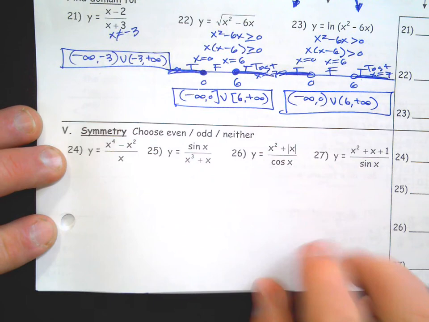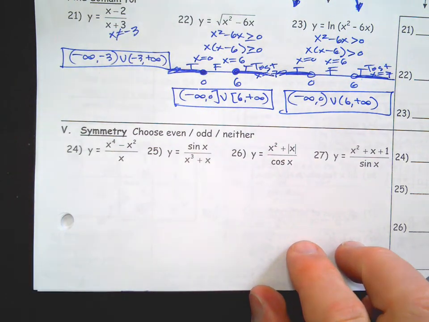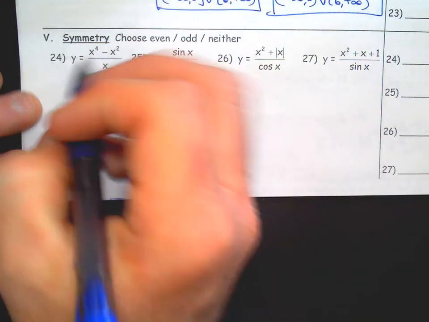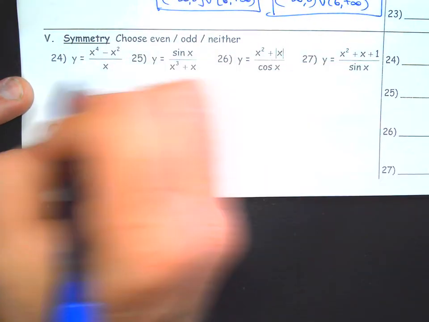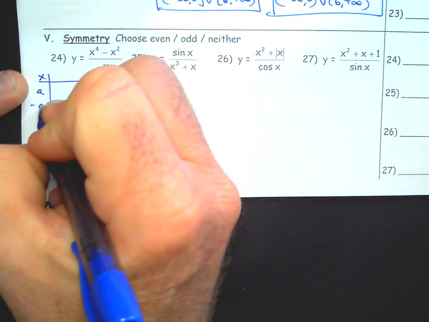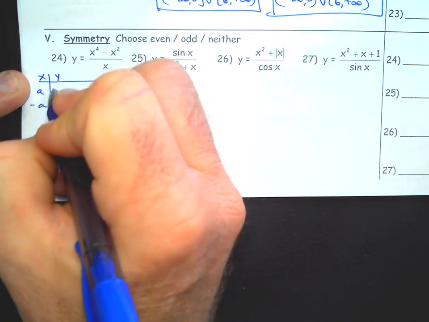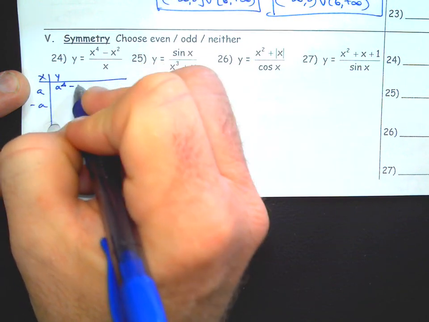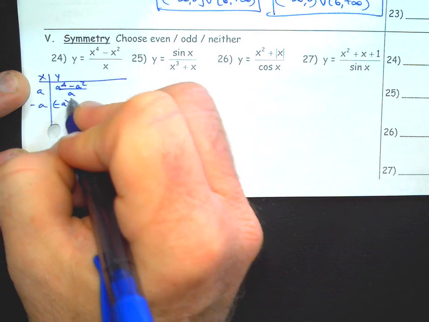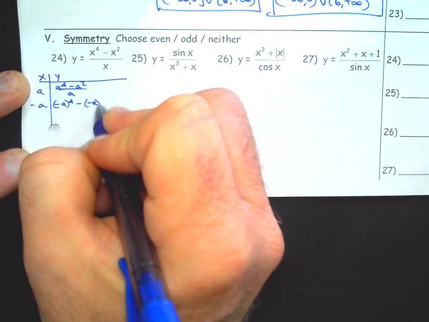All right. So you have some domain questions, and domain's also going to sneak into some problems. Symmetry: even, odd, or neither. The work I need is you plug a and negative a in. So you're going to plug these into y. This is going to be a to the 4th minus a squared over a. Then negative a to the 4th minus negative a squared over negative a.